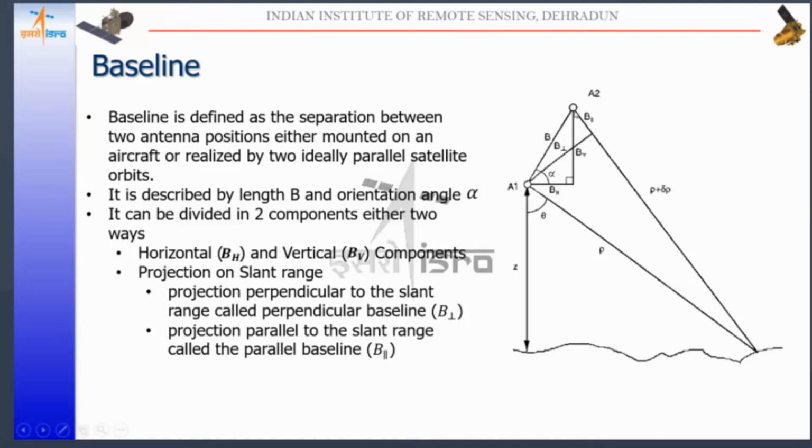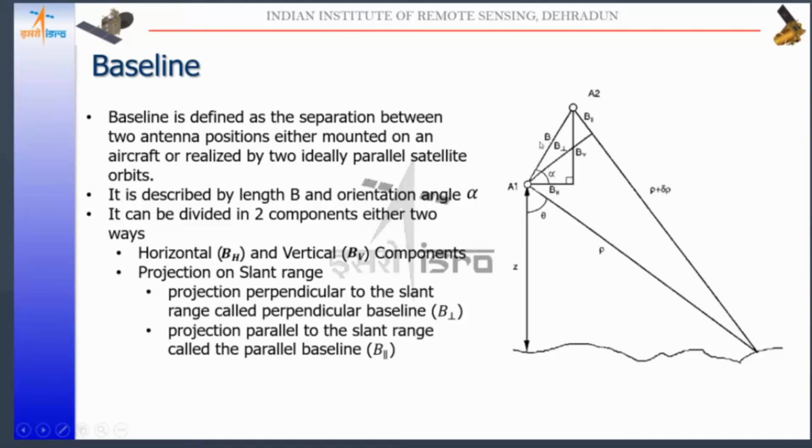If you can see, these are two SARs, A1 and A2. What is the separation between these antenna positions? This B is the baseline. If these are two sensors, then the distance between them is called the baseline. Its length is called B, and its orientation is given by the angle alpha.